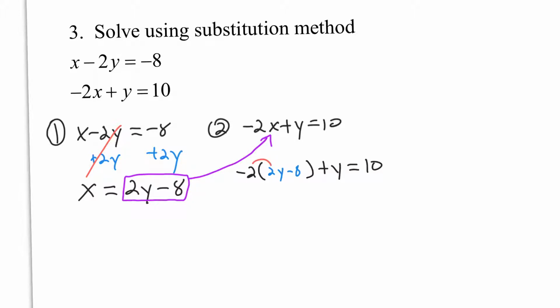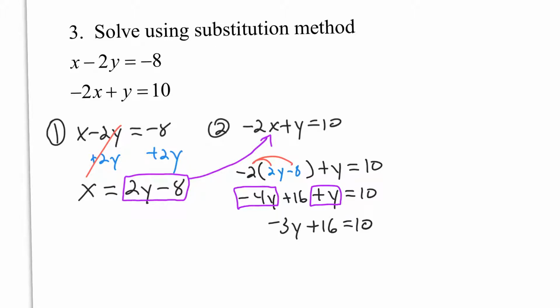I'm going to distribute. I'm going to multiply here. So we have negative 4y plus 16. You bring down the y and the 10. You guys combine like terms. Negative 4y and the y are on the same side. So we have negative 3y plus 16 equals 10. Now you guys subtract 16. Remember, we are solving for y.